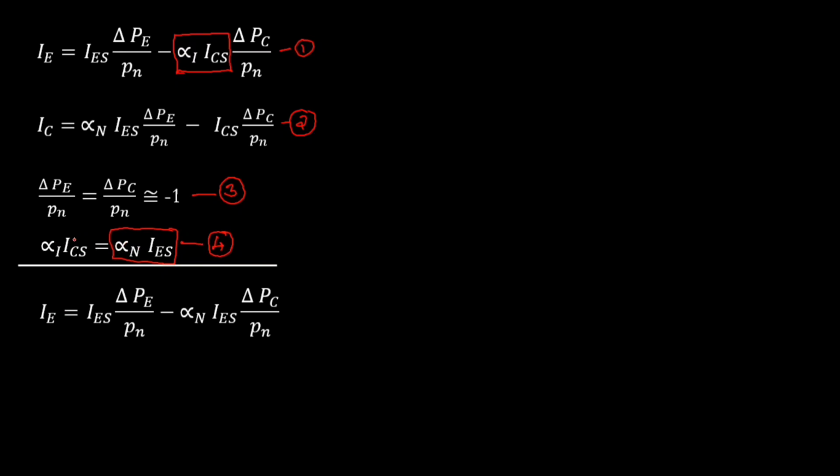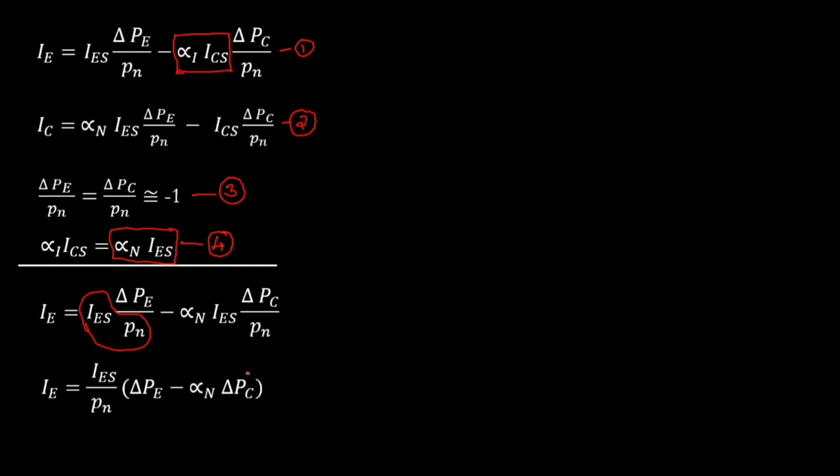So IE, the emitter current, is equal to the emitter saturation current into delta PE by Pn, minus alpha I ICS substituted with alpha N IES using equation number 4, and I got this. Look at this expression here, IES divided by Pn is common, so I am going to take that outside. Then IE is equal to IES by Pn into delta PE minus alpha N into delta PC.